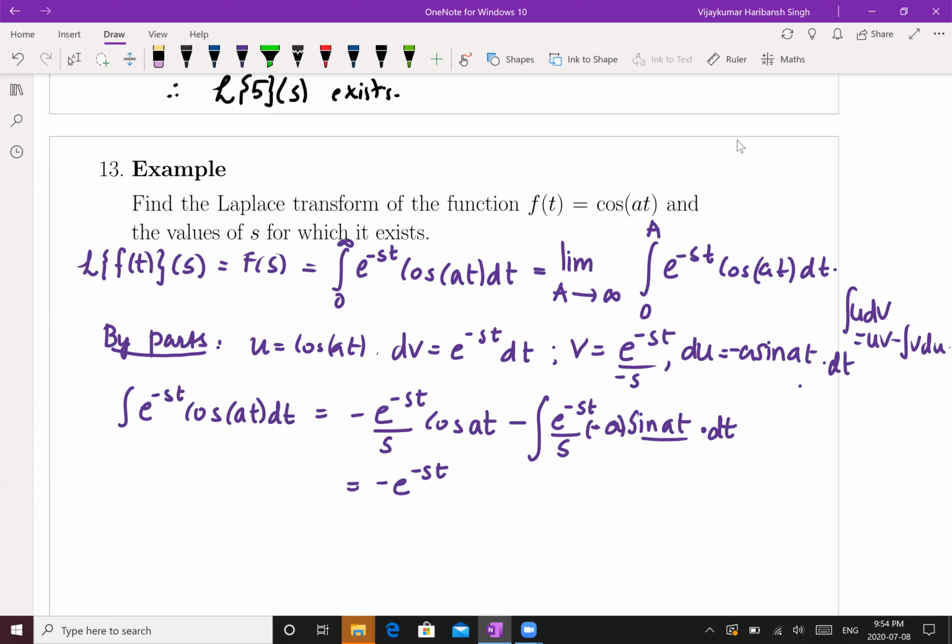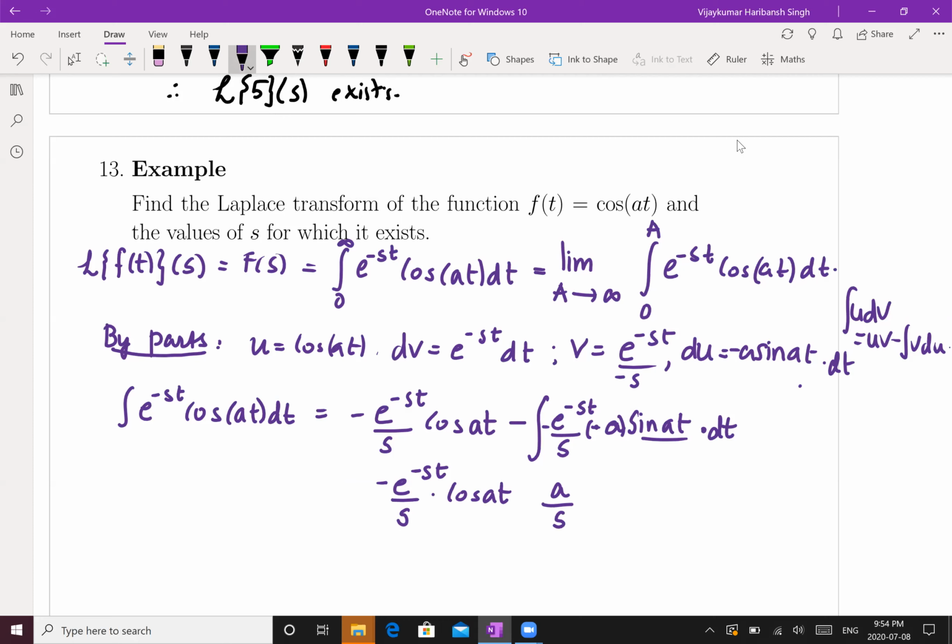So now this becomes uv. Then when you add, you get a by s outside, and the integral has a minus sign here as well.